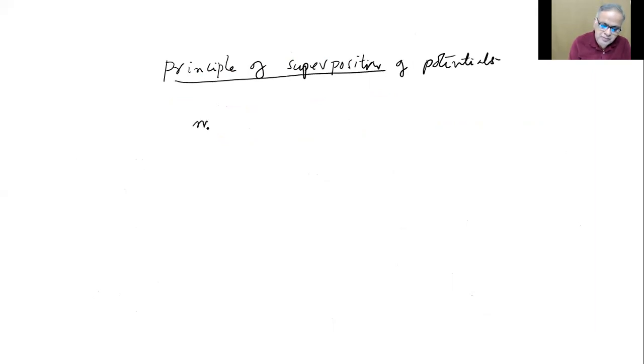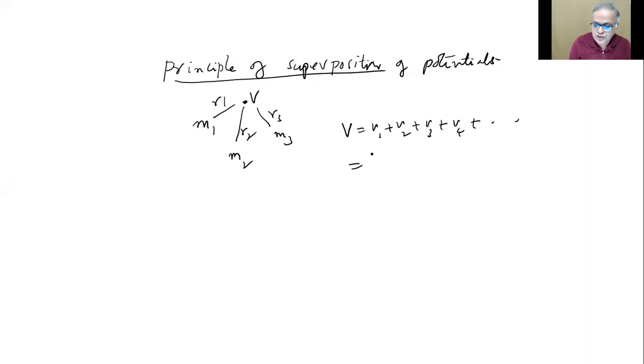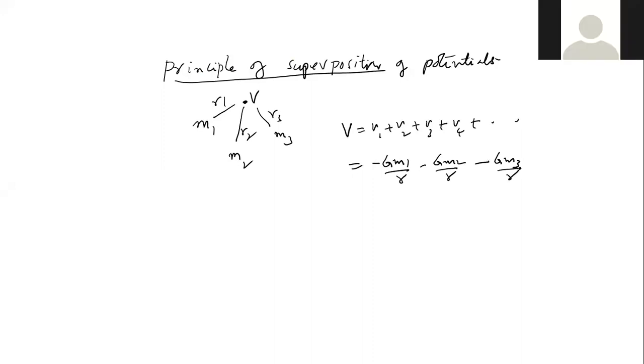If I've got many point masses spread all over a region, and I want to calculate the potential at this point due to all the masses, it will simply be V1 plus V2 plus V3 plus V4 and so on. If this is R1, R2, R3, then V1 is minus GM1 by R1, minus GM2 by R2, minus GM3 by R3, like this. This is the potential there.